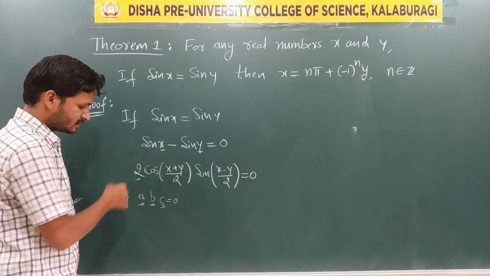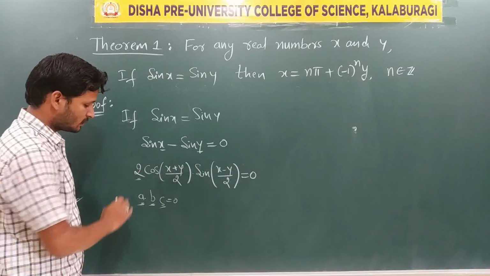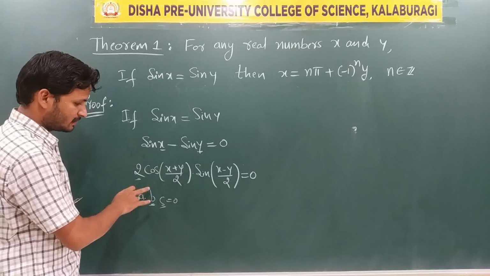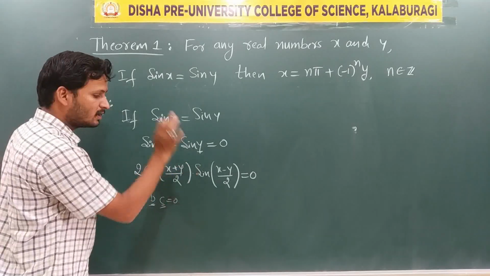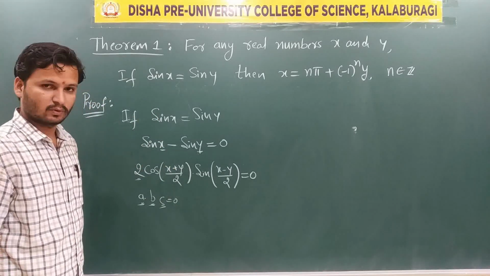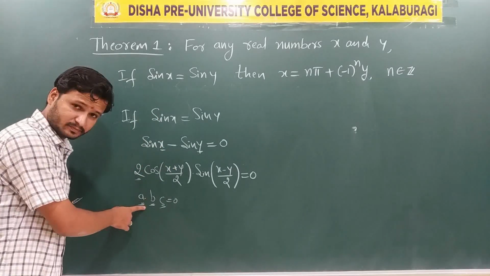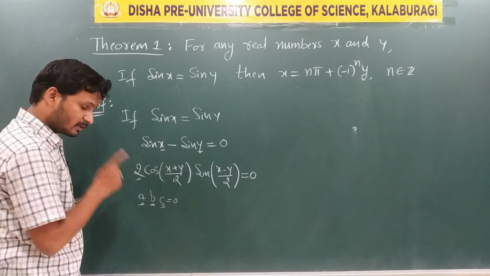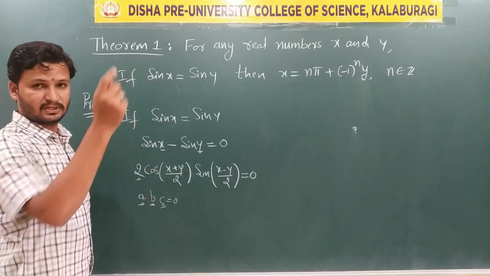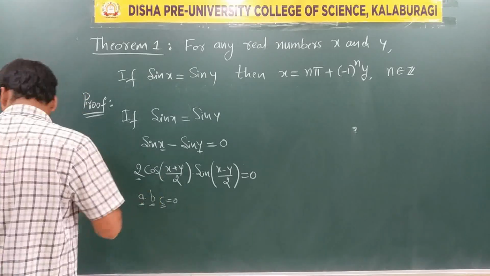But here 2 is there, and 2 is not equal to 0. So leave it. The remaining possibilities are either cos of (x plus y) by 2 is equal to 0 or sin of (x minus y) by 2 is equal to 0. This is the rule: the product of 3 numbers is equal to 0 means either one of them is equal to 0 or all 3 may be 0.